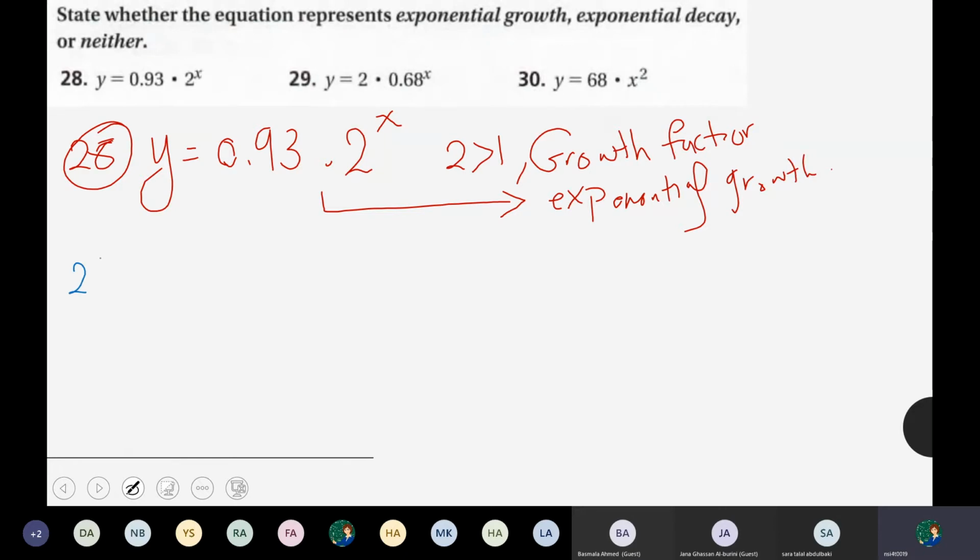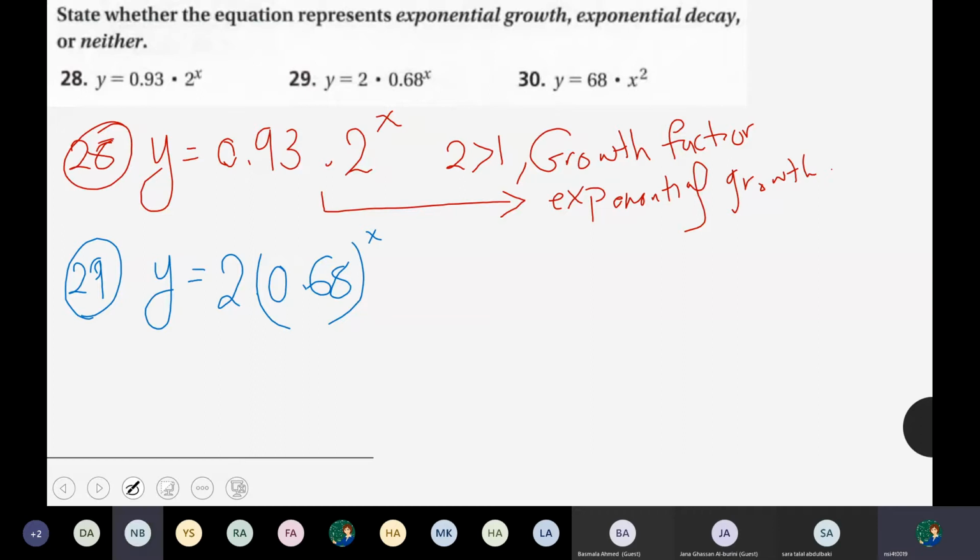Let's talk about number 29. y equals 2 times 0.68 raised to x. Where's the number that's raised to x? It is 0.68. Is it less than 1 or greater than 1?